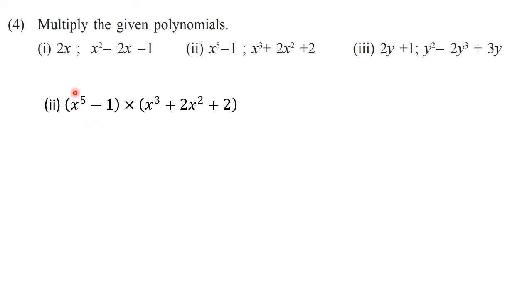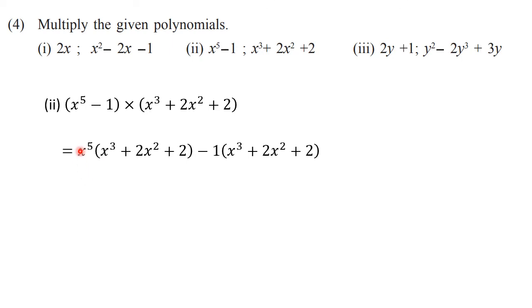Similarly, then the second term we will take along with the sign, and again the second polynomial we will write in bracket. So this is the very first step. See, x raised to 5 into the second bracket as it is, then minus 1 here, and then again the second bracket as it is.